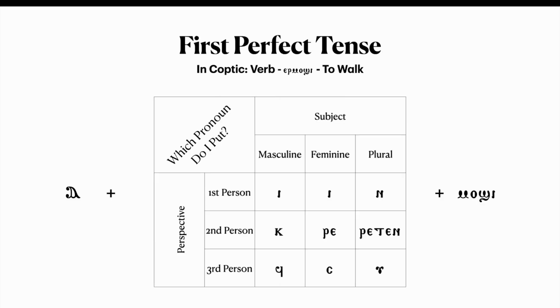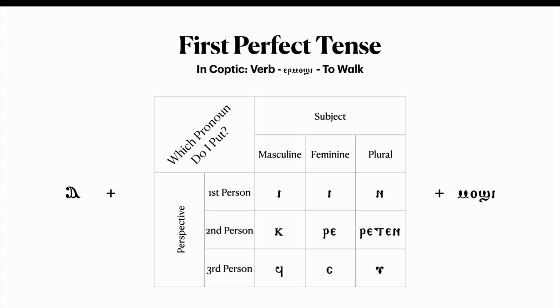Okay, so this is where you actually see the important letters in action, right? For the first perfect tense in Coptic, we're going to be using the verb moshi, which means to walk. That's the infinitive version. First you have alpha, which is the tense marker. And then in the middle, between alpha and moshi, you have the pronoun that you're going to be using, if you use a pronoun, right?